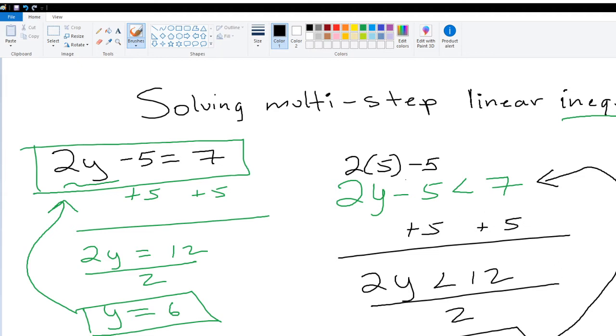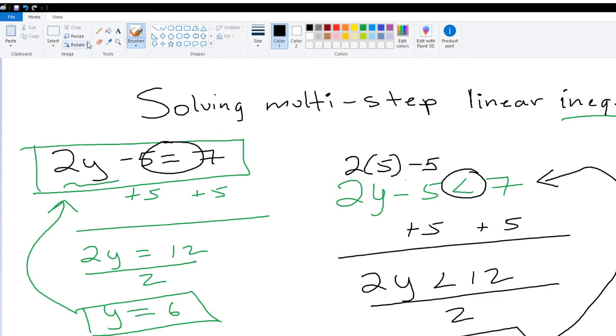That would include 4, 3, 2, even negative numbers, negative 3, negative 4, and so on. So the only difference between equations and inequalities is just the equal sign and the inequality sign.